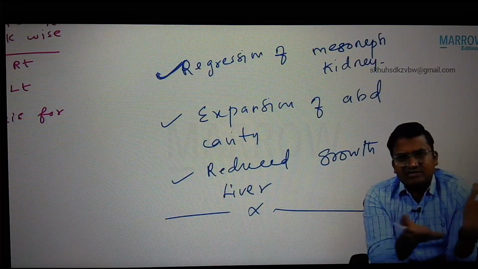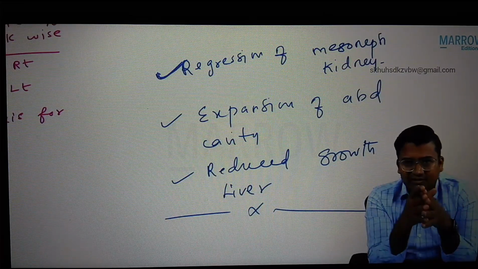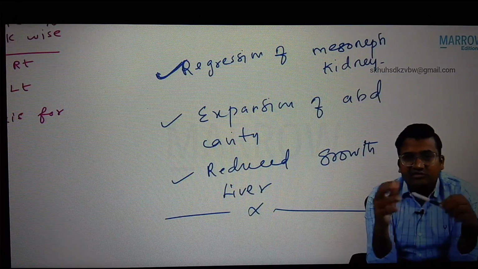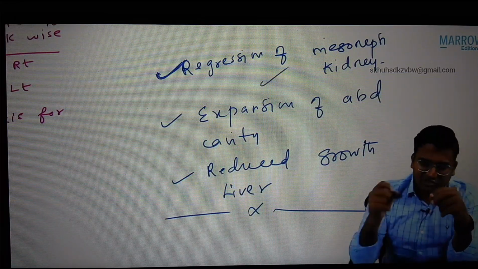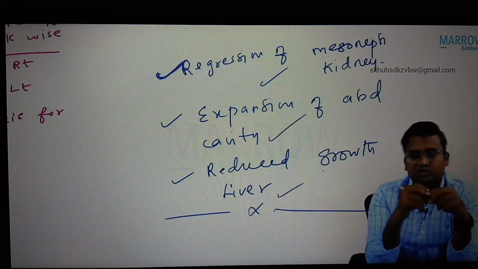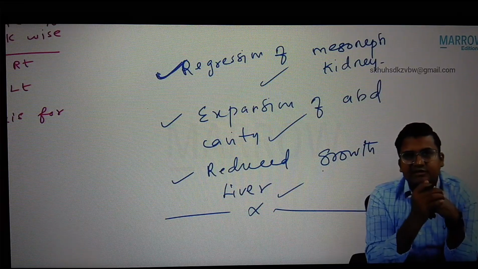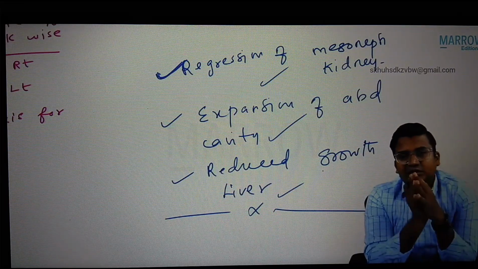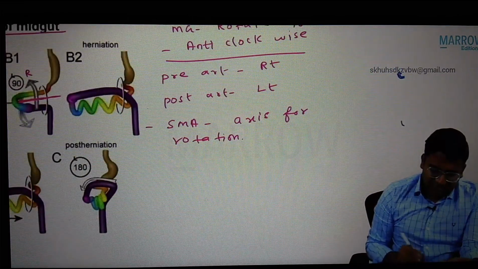The midgut loop can't be present in the extra-abdominal cavity for a long time. So we have to accommodate it inside. Now what are the factors favorable for the return of the midgut loop into the abdominal cavity? Regression of mesonephric kidney, expansion of the abdominal cavity, and the reduced growth of liver. Because of this, the midgut loop enters the cavity. Now while entering, the midgut loop rotates 180 degrees.